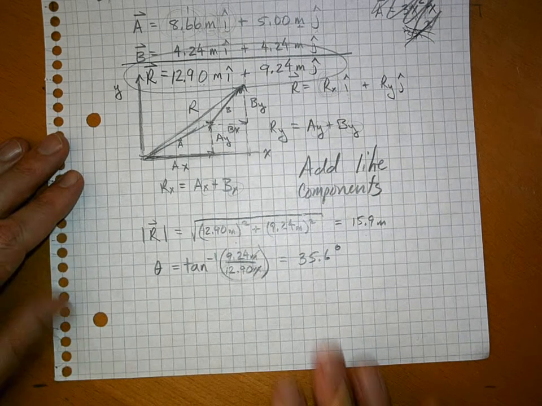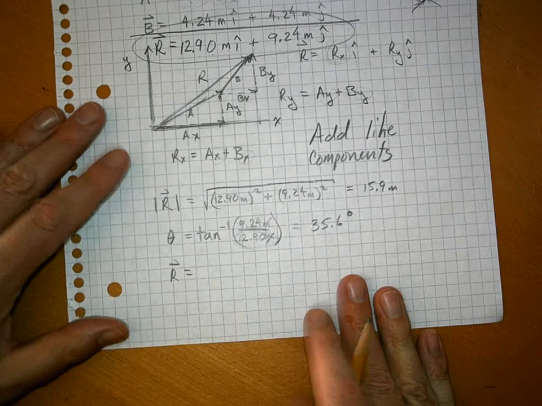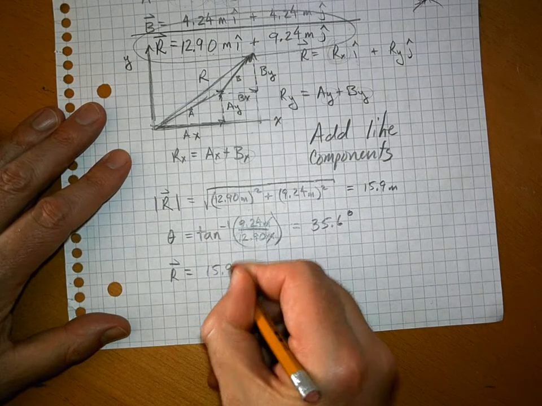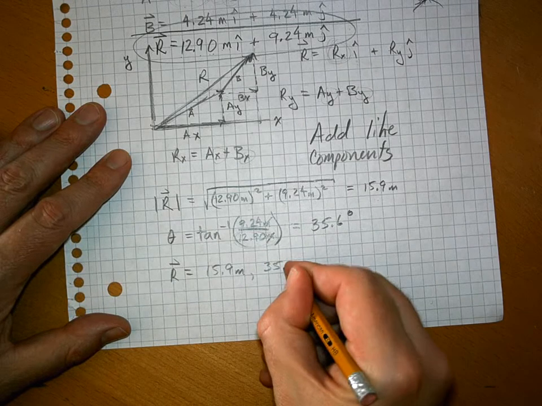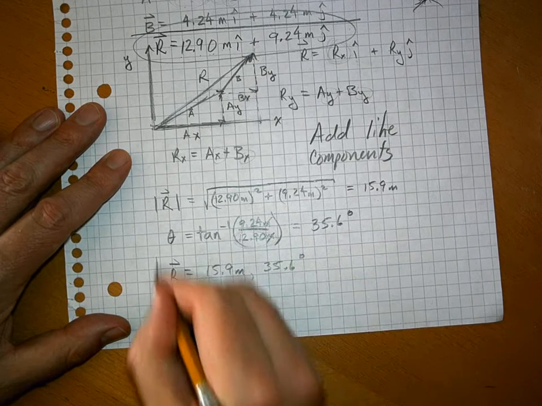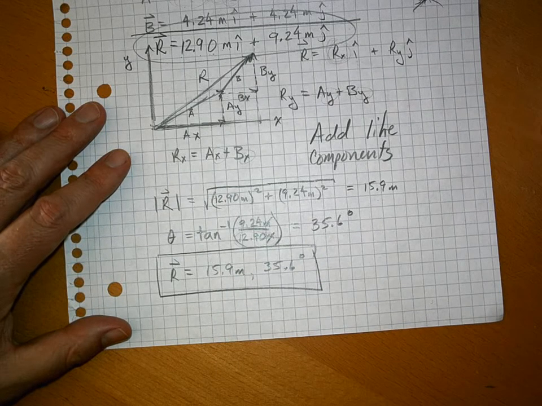So our vector R in polar coordinates is now 15.9 meters in magnitude at an angle of 35.6 degrees from the positive x-axis. And there's my answer. And that's how you add two vectors together using mathematics.